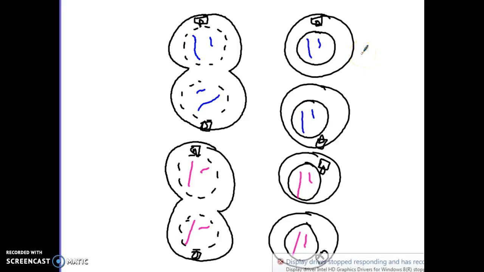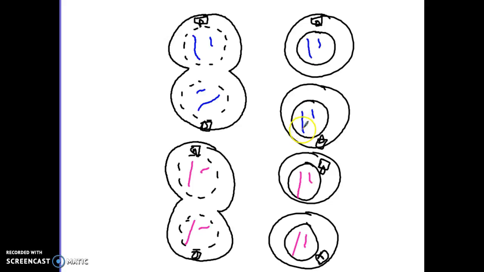These 2 look identical in terms of their DNA, and these 2 at the bottom look identical. But what has actually happened, if you recall back in prophase 1, remember that sister chromatids of homologous chromosomes swapped information with the crossing over.